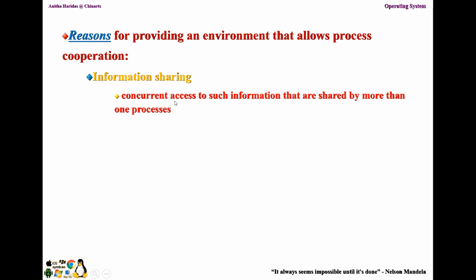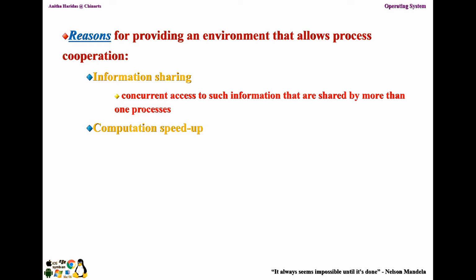So there is one piece of information, and this information will be shared by more than one process. And please see that it will be done as a concurrent access. That means you have process 1 and process 2. Both process 1 and process 2 are going to access the same information.